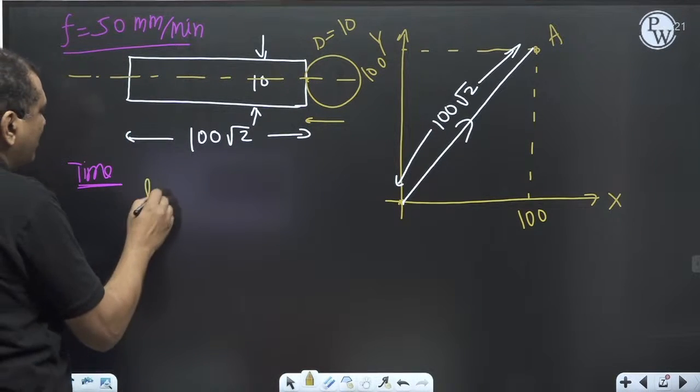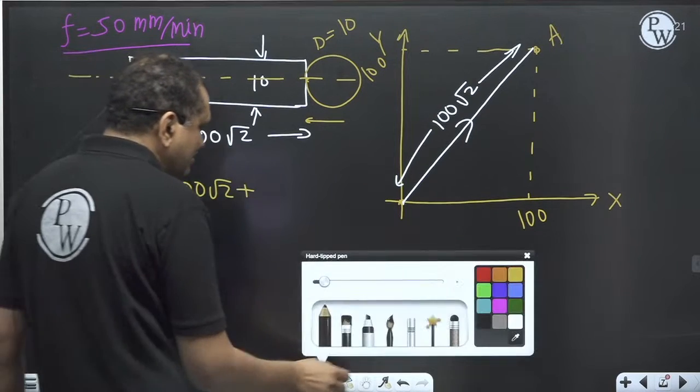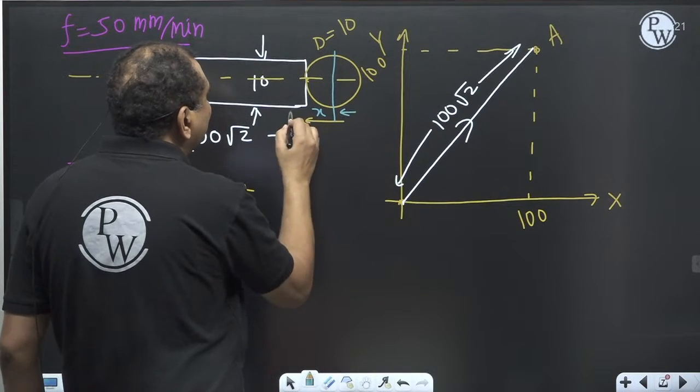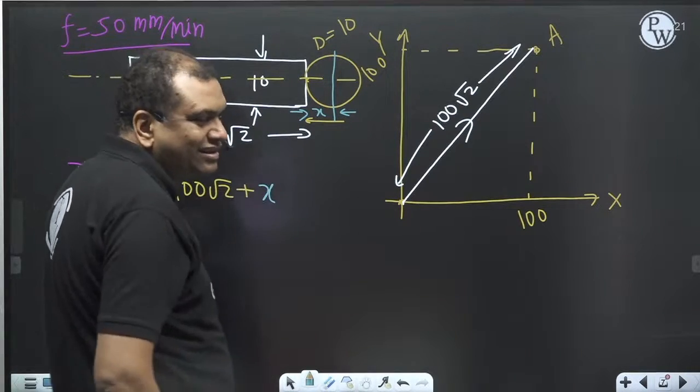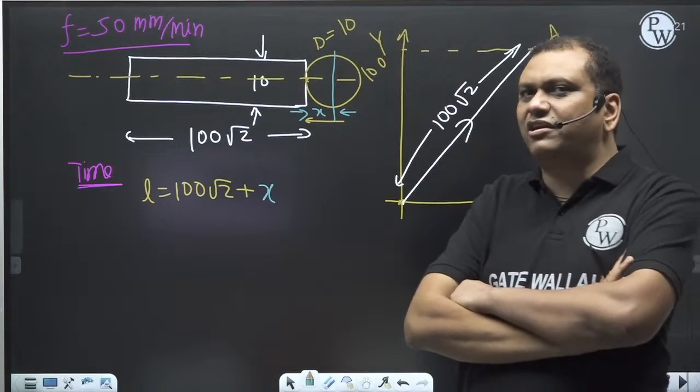So length of cut will be 100 root 2 plus x. Some people call it a compulsory approach, but there is no technical term like compulsory approach.